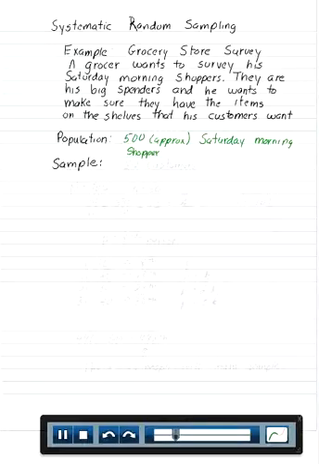Now, he realizes that he doesn't have the materials or the personnel to catch every one of those 500 shoppers as they come in. And sometimes they come in big groups. So what he decides to do is to set up a sample. And he figures if he uses a random selection technique, about 50 customers would form his sample.